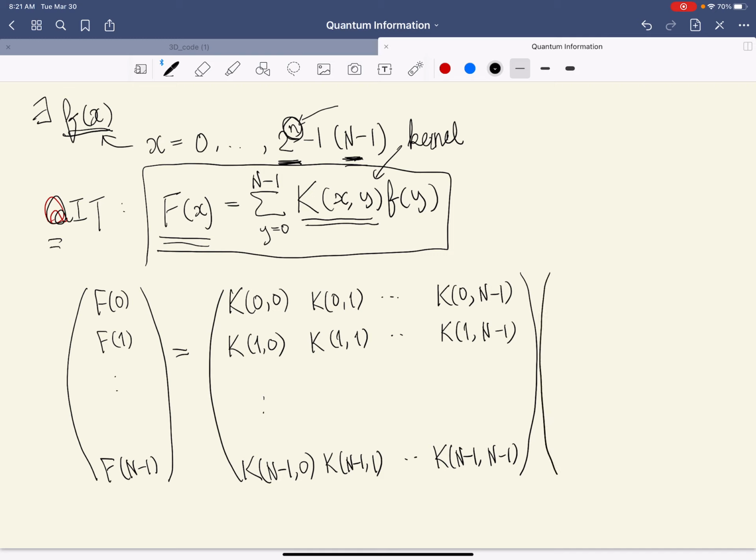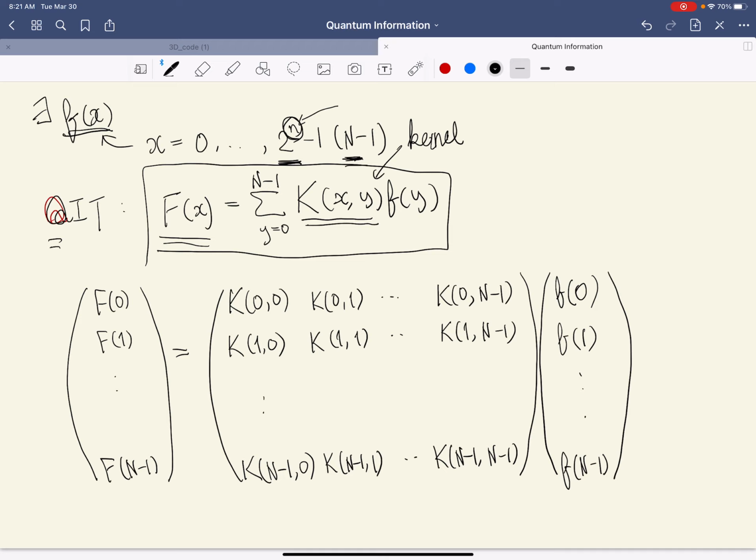And now this kernel matrix would multiply the input column vector f0, f1, all the way down to f of n minus 1.